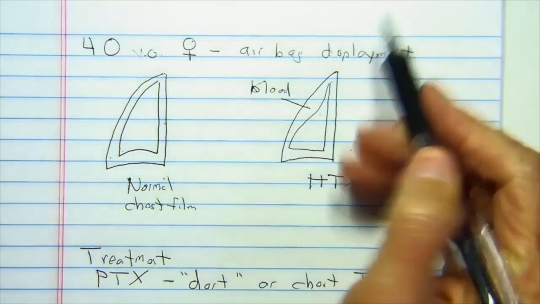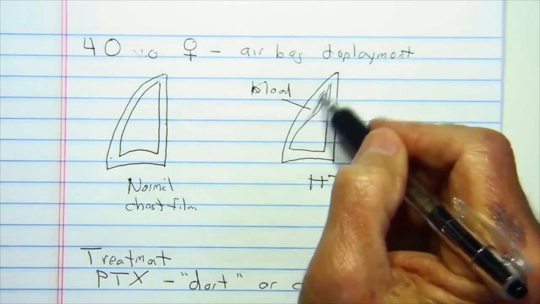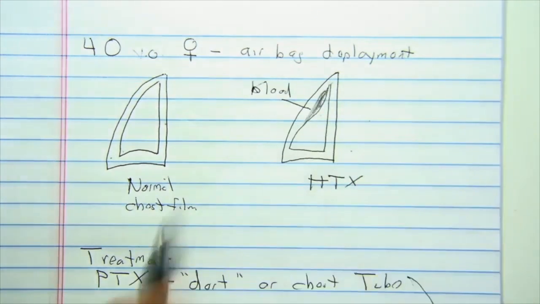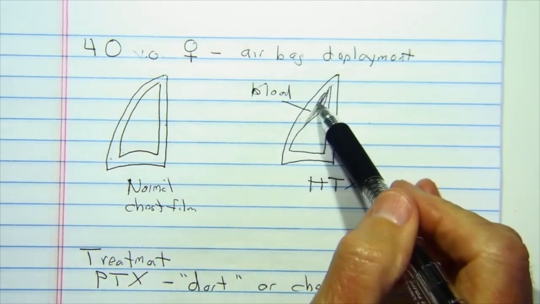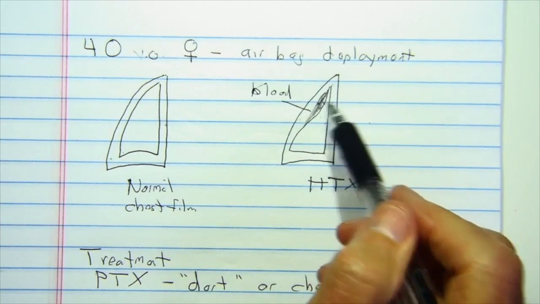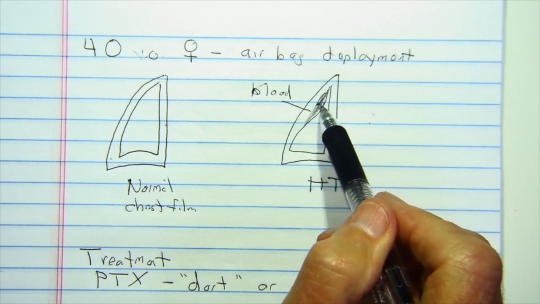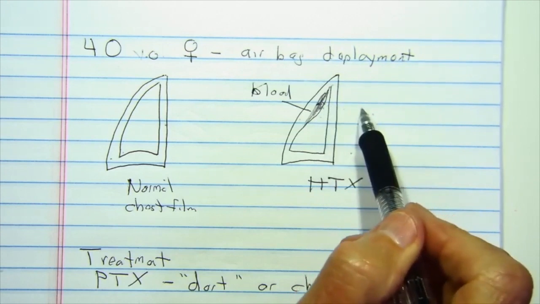And eventually that blood pocket will resolve over time. But for a long time period, a person will have a chest film, and if they don't know that the person had a prior hemothorax, they may say, oh, you've got a tumor or some type of growth in there. But actually all it is is blood that certainly hasn't totally dissolved over time.